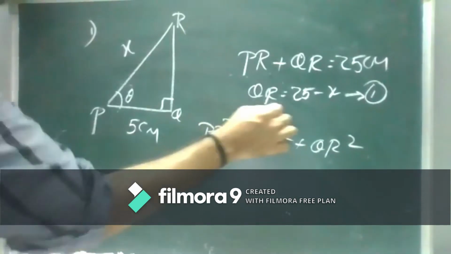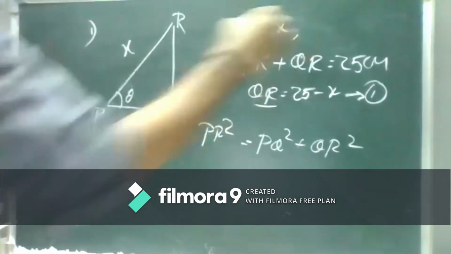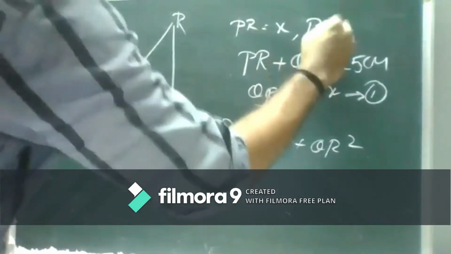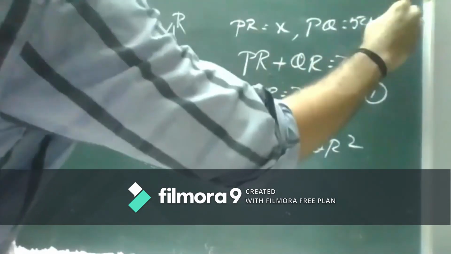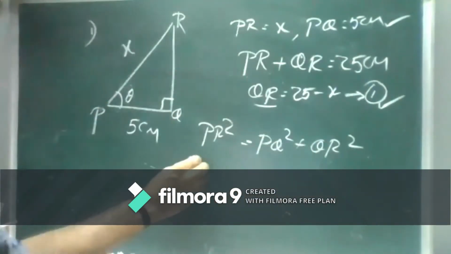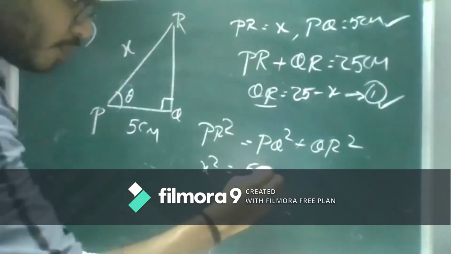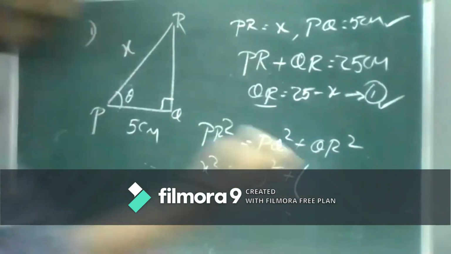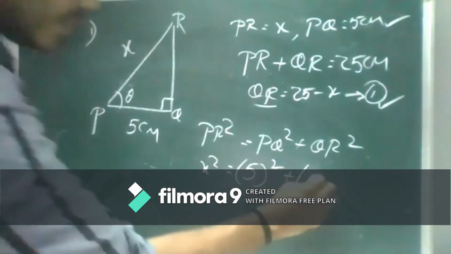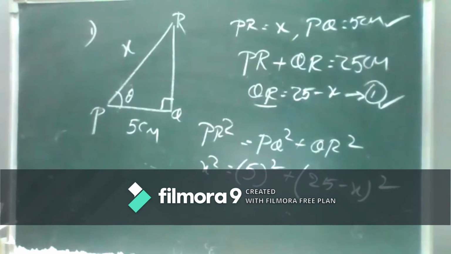PR is x and PQ is 5 centimeters. Now I substitute these into the Pythagoras theorem: x square is equal to PQ square, 5 whole square, plus 25 minus x whole square.